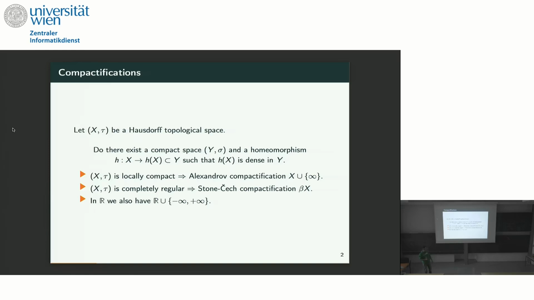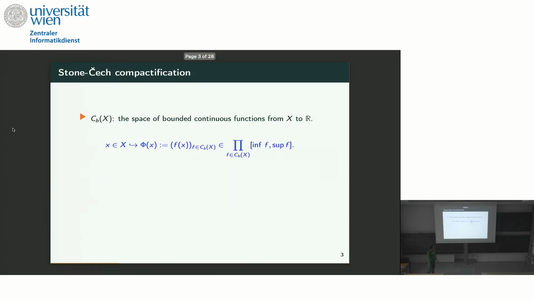So let's recall one way to construct the Stone-Čech compactification. We take a point in our topological space, and we see this point as an evaluation map onto the space of bounded continuous functions defined on X. For sure, here we have a product of compact spaces, so it's compact for the product topology.